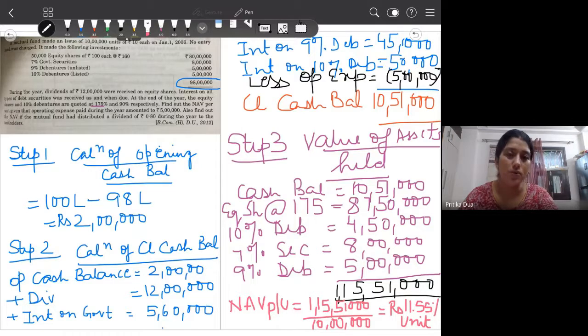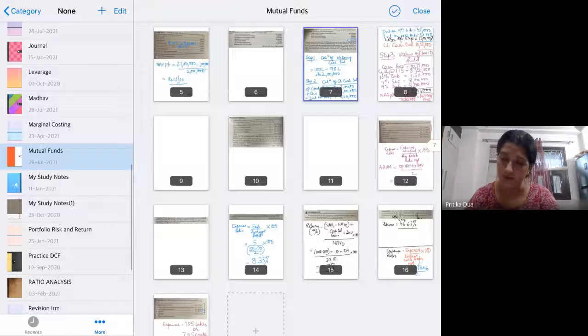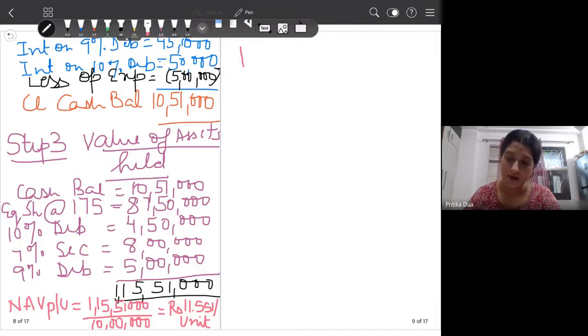This dividend, since distributed, will lower the closing cash balance. So you can directly make the adjustment there, or if you want, we can show it like this also.